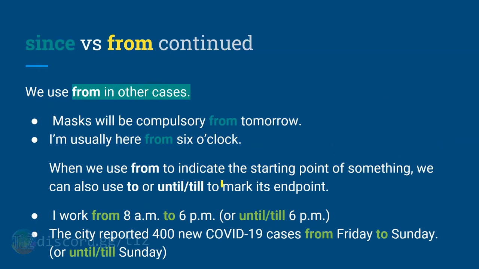So basically, the time. Now we use from in other situations, like masks will be compulsory from tomorrow. Now, from is also used when you're indicating the starting point of something that has an end point, and you use another preposition to mark its end point.